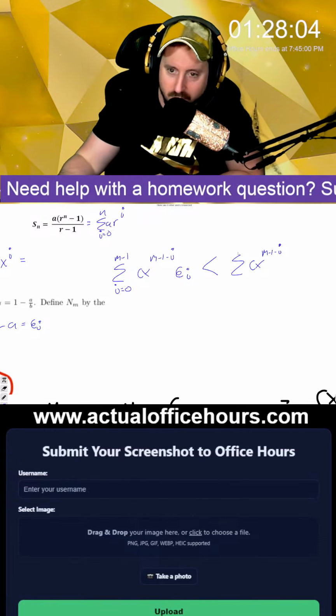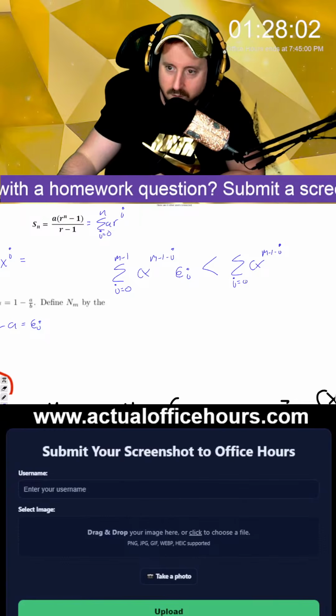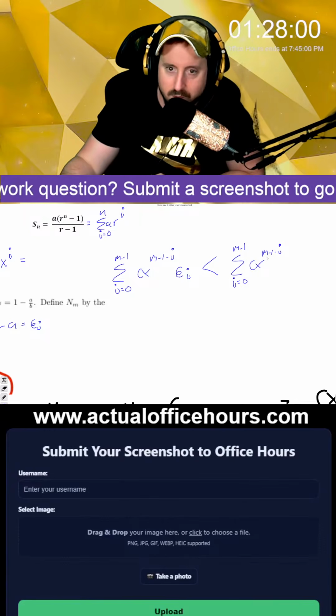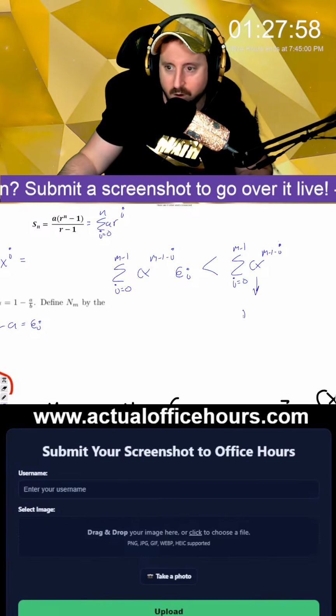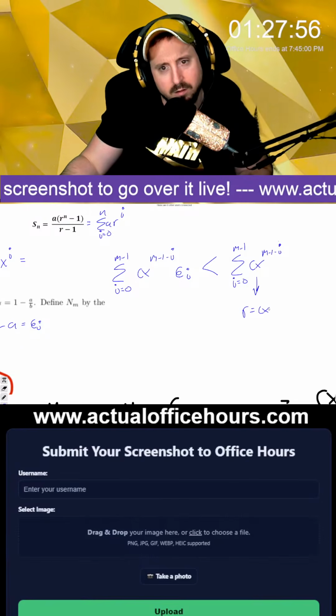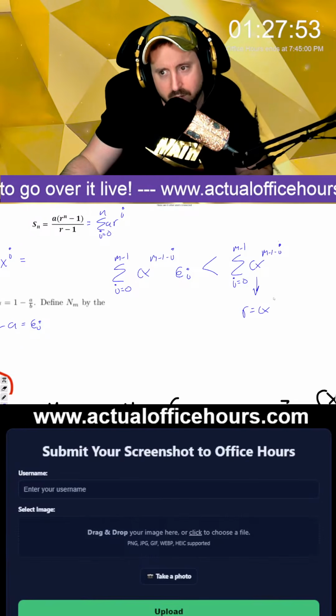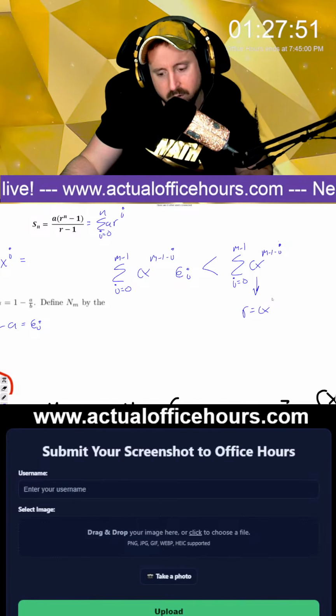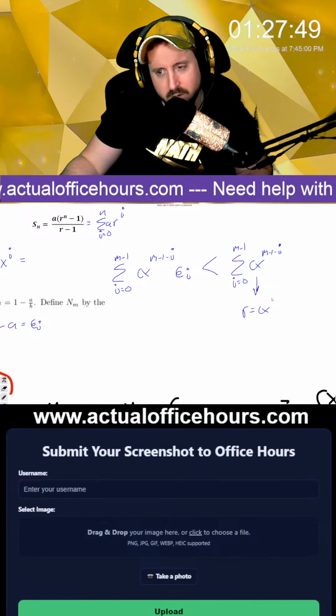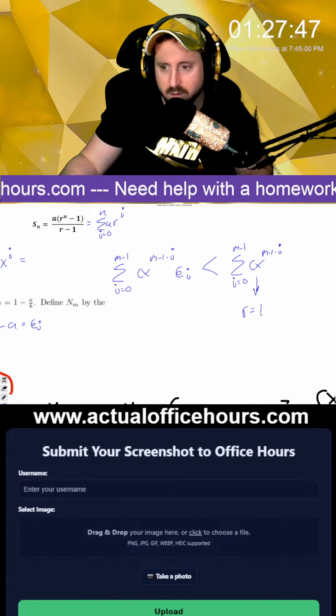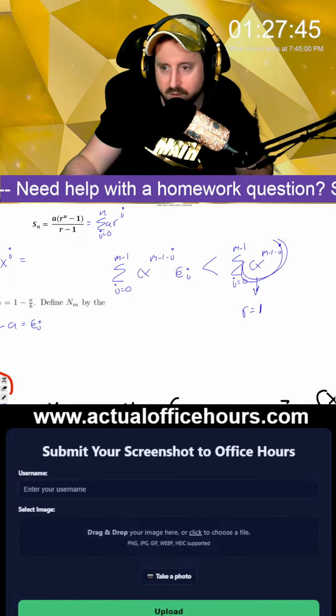Yeah, and the right hand side is a geometric series. In this case, r is equal to alpha, I guess? Or is it, so r is equal to 1, no? And then we just leave this how this is?